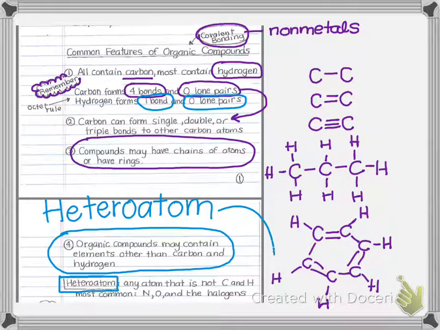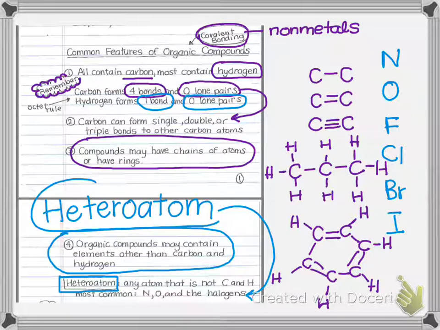There are several common ones that you can see here, including nitrogen, oxygen, and the halogens, which would be fluorine, chlorine, bromine, and iodine. You may also see things like sulfur. So again, just to emphasize, because it's often a point of confusion, if your text or homework mentions the word heteroatom, it's just talking about any atom that is not carbon and hydrogen.